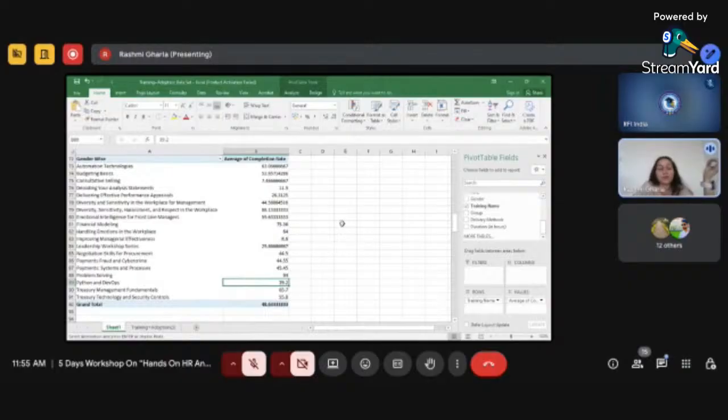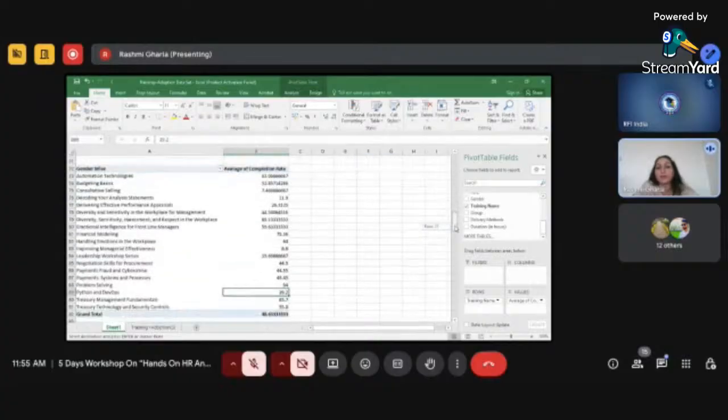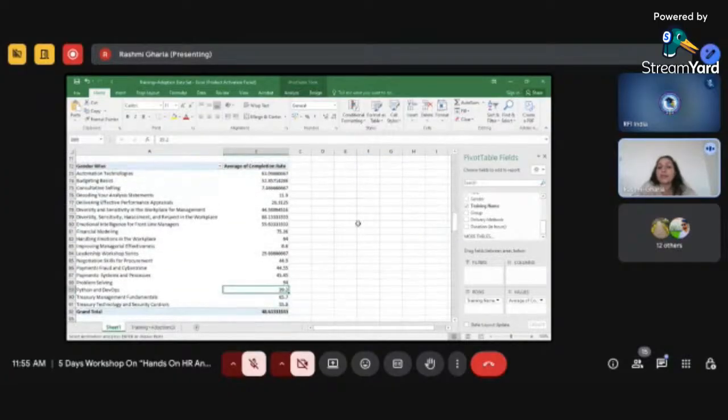The age-wise we have seen in this graph, there may be a possibility that the type of training program planned for the pre-sales and marketing people is related to improving managerial effectiveness, or to other areas like decoding your analysis statements. So these may be the programs we are offering to them, and that's the reason these people are not completing the training program.